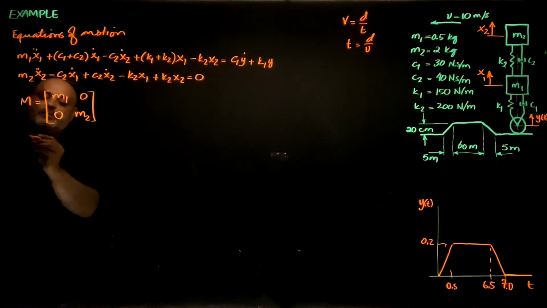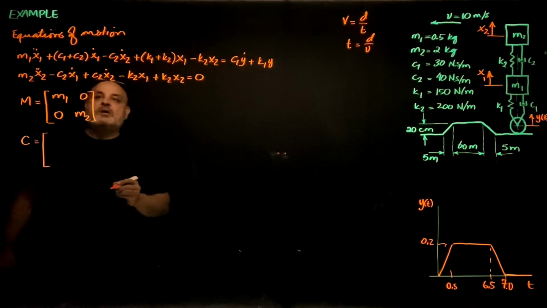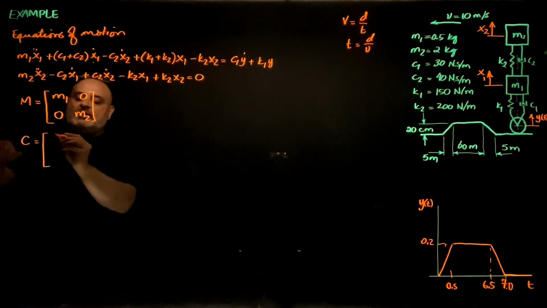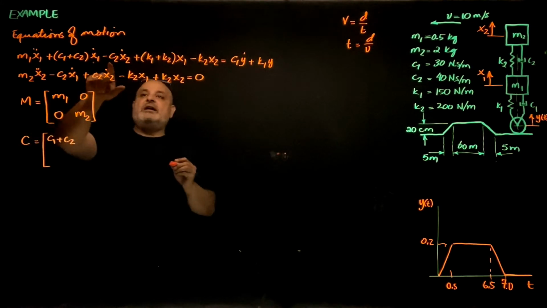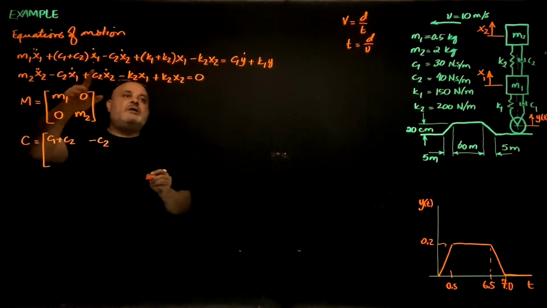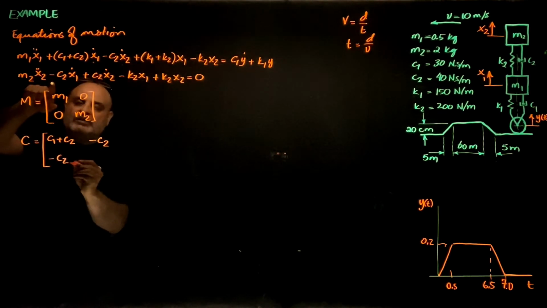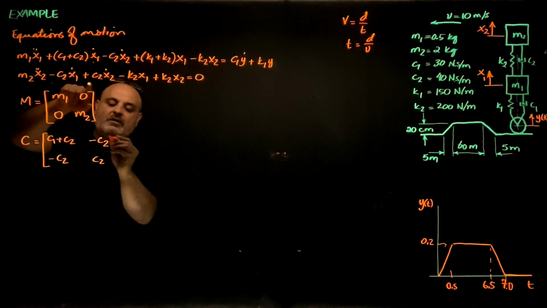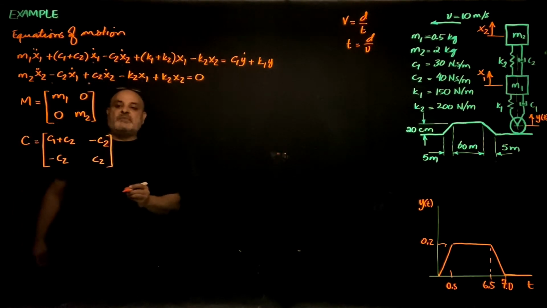The damping matrix: multiplying x1 dot is C1 plus C2, multiplying x2 dot is negative C2, and in the second equation, negative C2 multiplies x1 dot, and C2 is the coefficient of x2 dot.